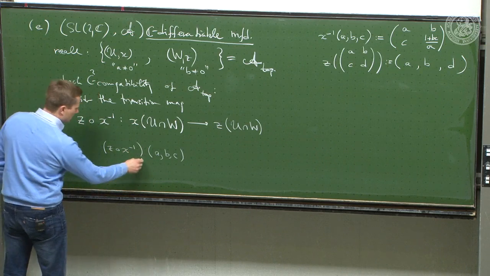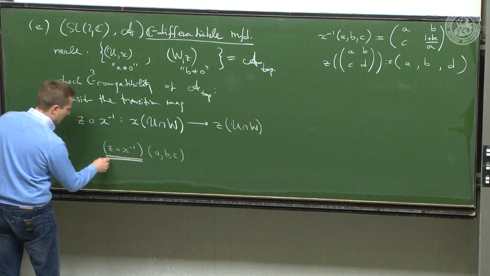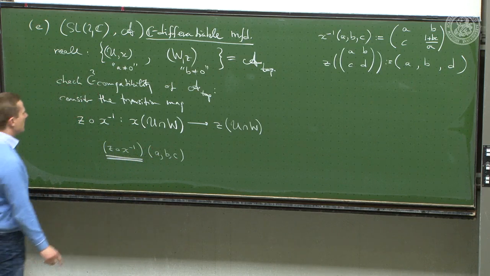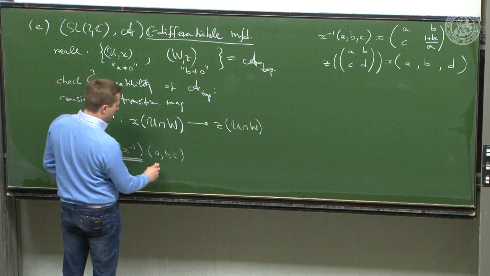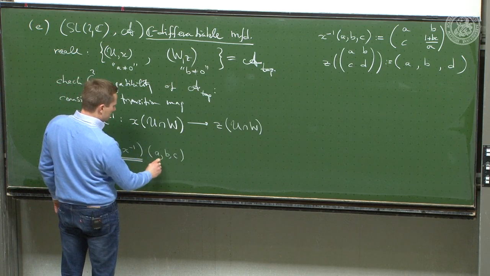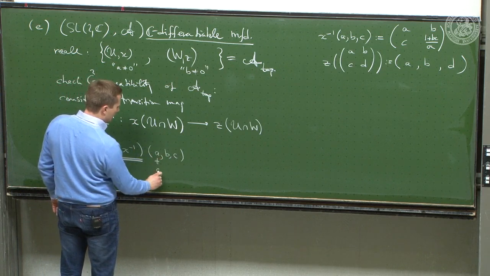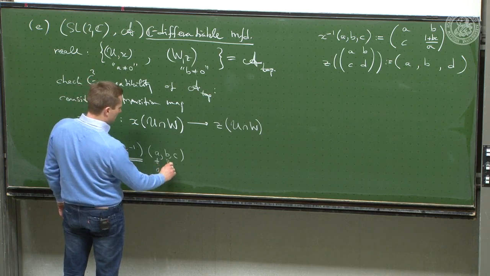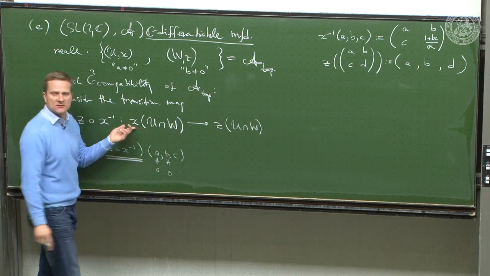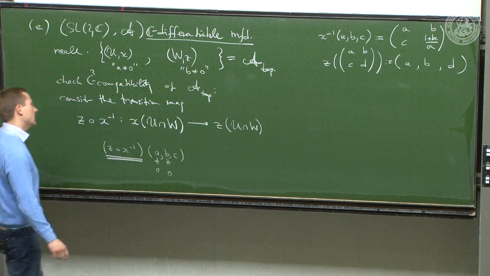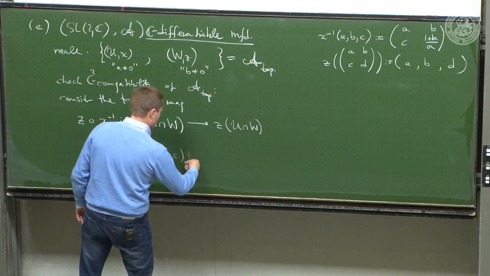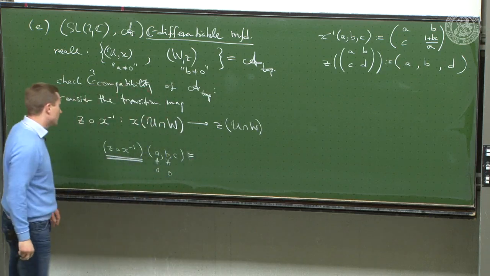We want to check what the properties of this are. Because this is the chart domain here, and the intersection with here, we know that A is non-zero, and we know that B is non-zero as well, because it comes from the intersection.